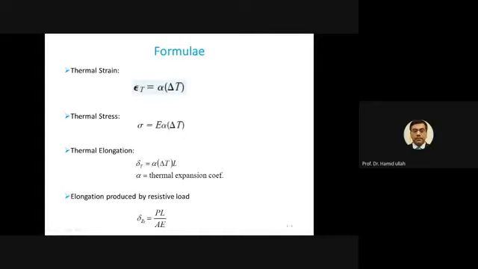This is the difference. Delta T is because of temperature. What is delta T? Temperature change. Temperature may increase, temperature may decrease. And here delta is written with P, and P is basically load. So these are things that should be very clear to you.